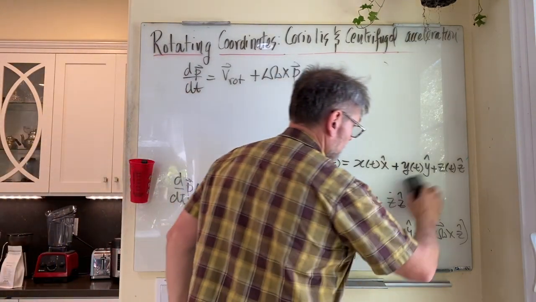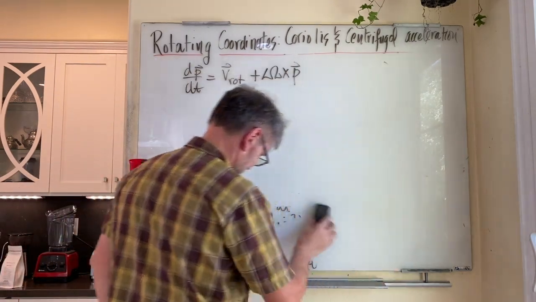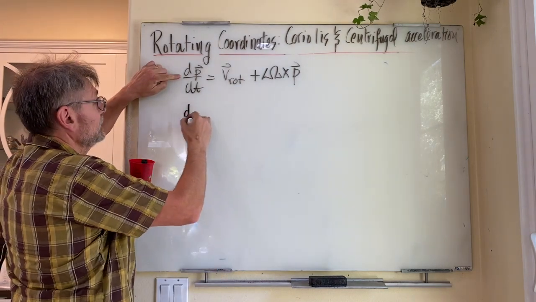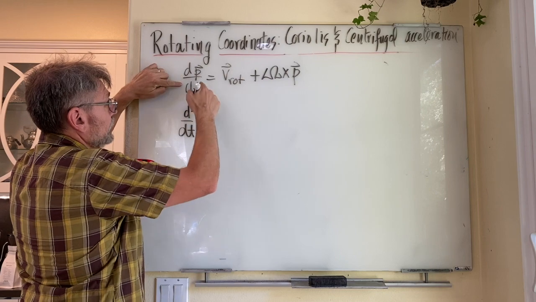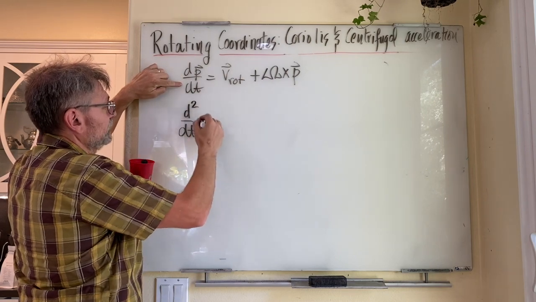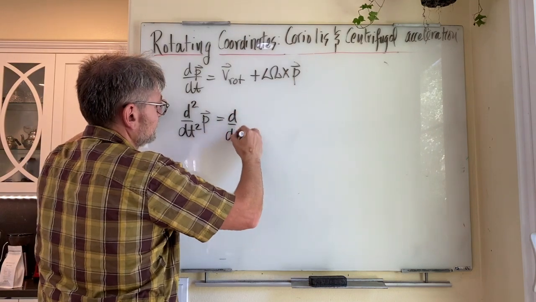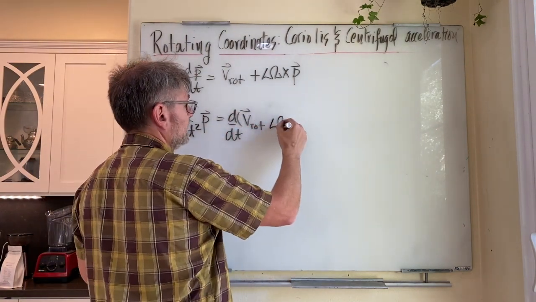So now I'm going to do this again, but this time we're going to do it to get the second derivative. So if I take the second derivative, d by dt of dp dt, that's the second derivative of p, that will be equal to d by dt of v rotation plus omega cross p.